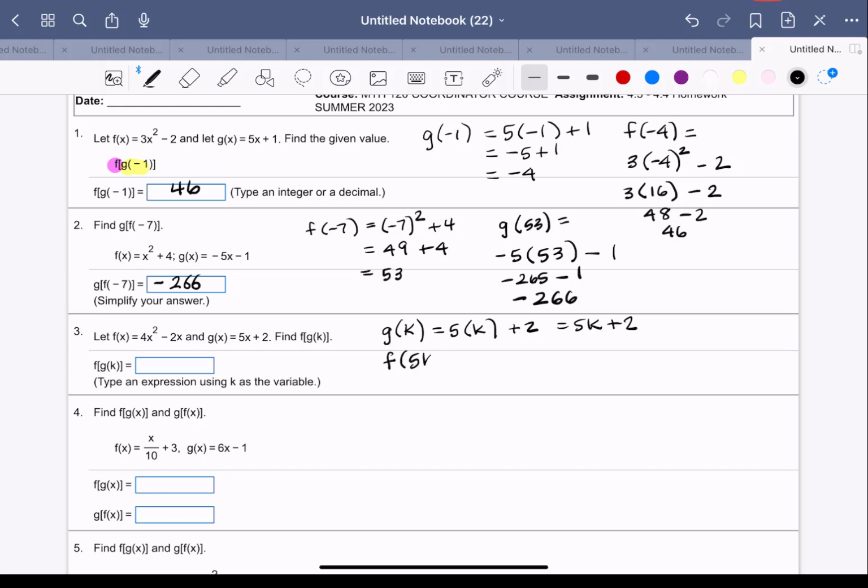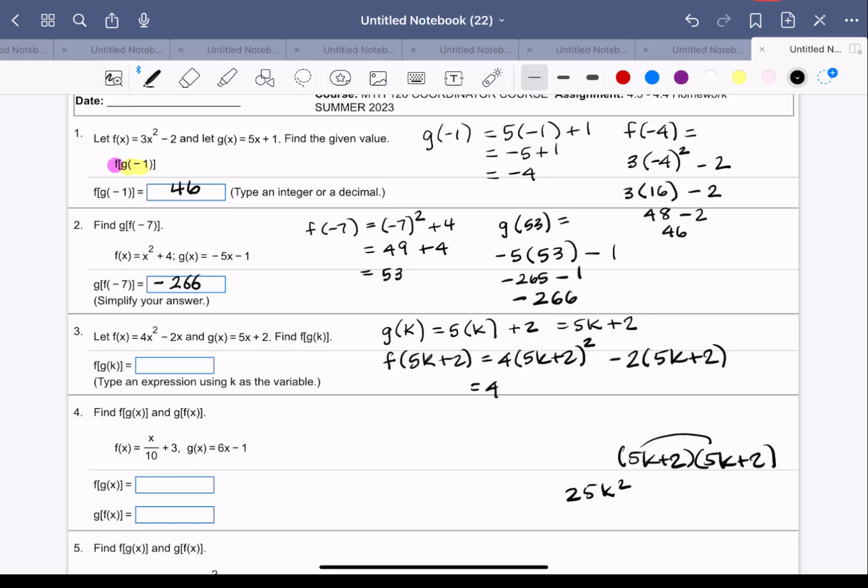So f of 5k plus 2 is going to be 4 times (5k plus 2) squared minus 2 times (5k plus 2). So we're going to have to use the FOIL rule. 5k plus 2 times 5k plus 2 is 25k squared plus 10k plus 10k plus 4, which is 25k squared plus 20k plus 4.